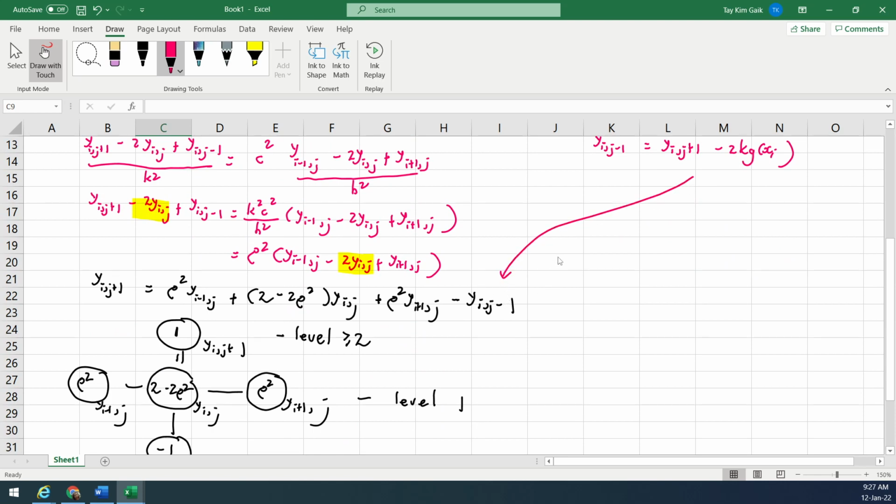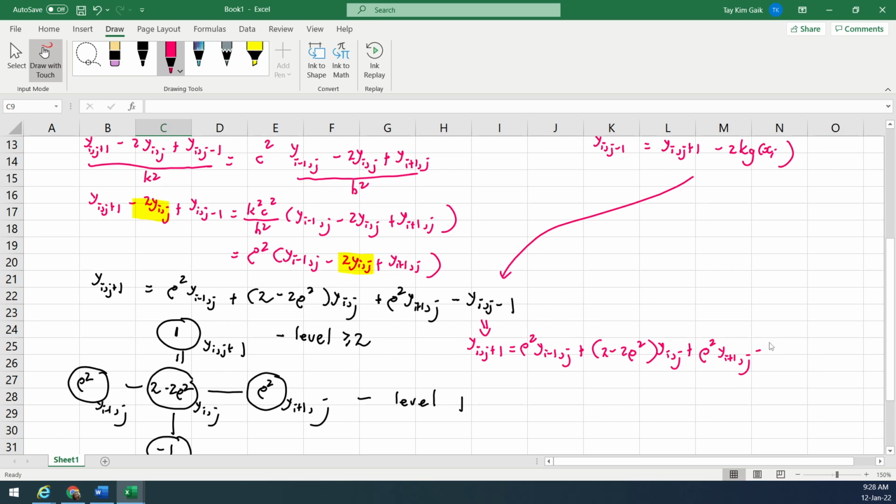So you get, I put up here, yi j plus 1 equal to rho squared yi minus 1 j plus 2 minus 2 rho squared yi j plus rho squared yi plus 1 j.